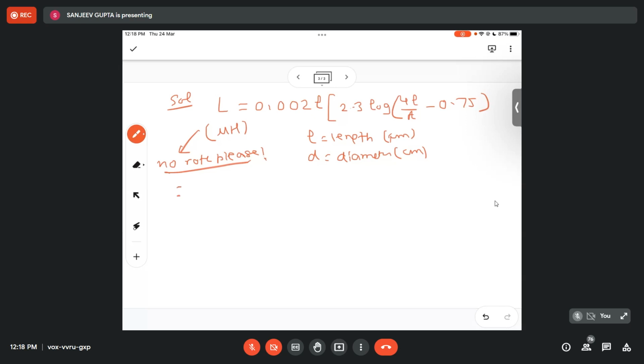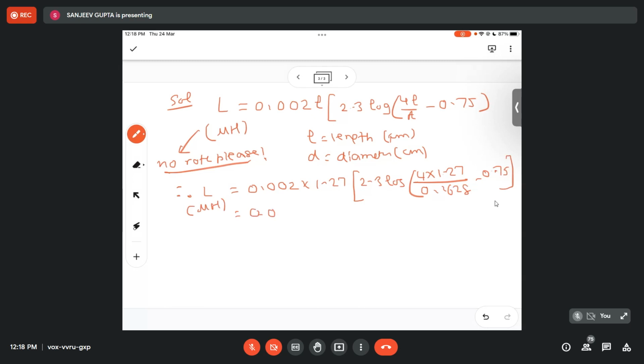So in my case, the L for this resistor becomes 0.02 into 1.27. The only thing we have to understand is how things become so serious for us at high frequencies. That becomes 4 into 1.27. I just substituted all the values, 0.1628 and minus 0.75, and it gives the answer in microhenry, which is 10 to the power minus 6 Henry.